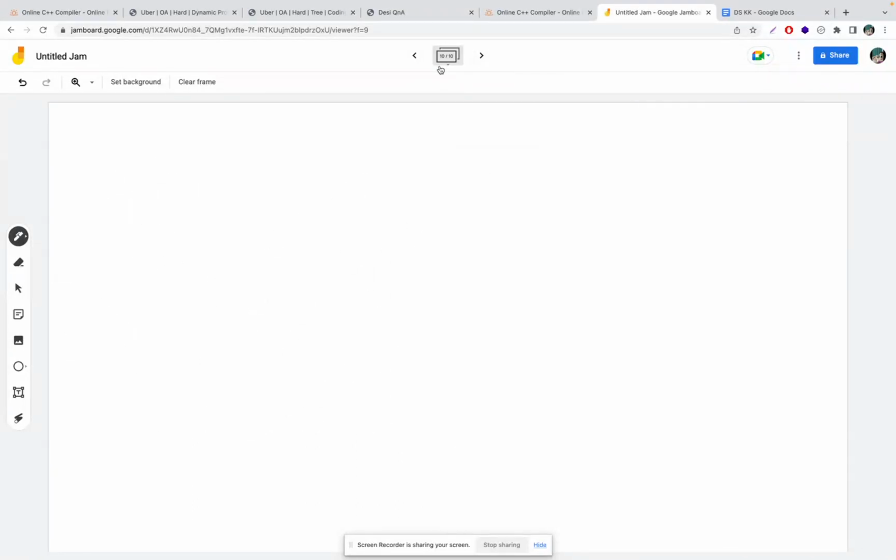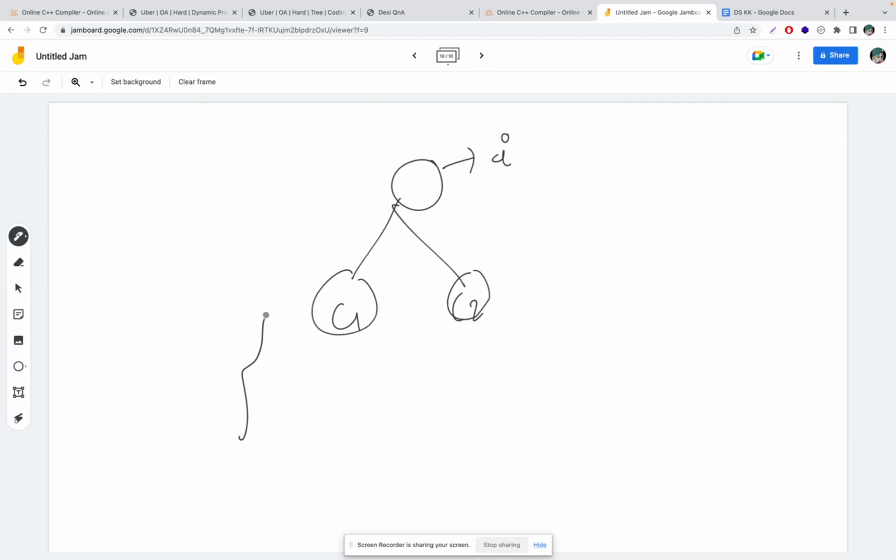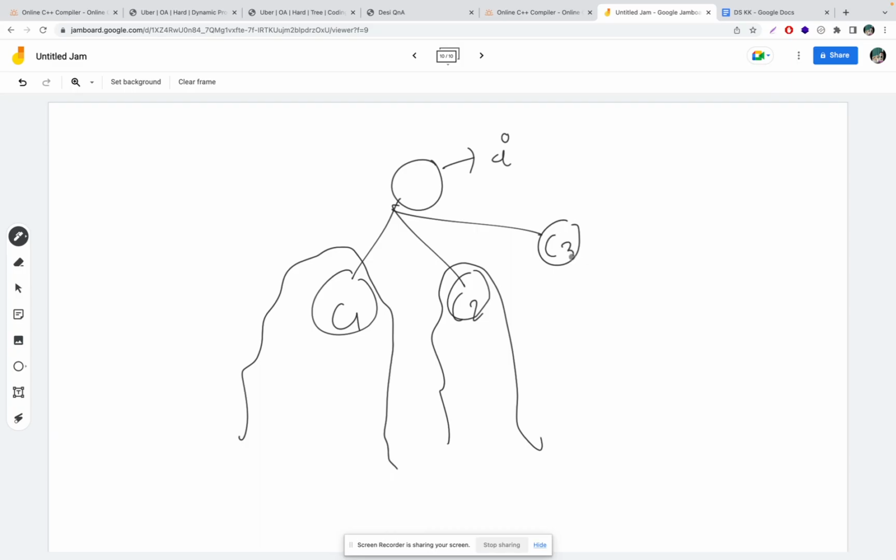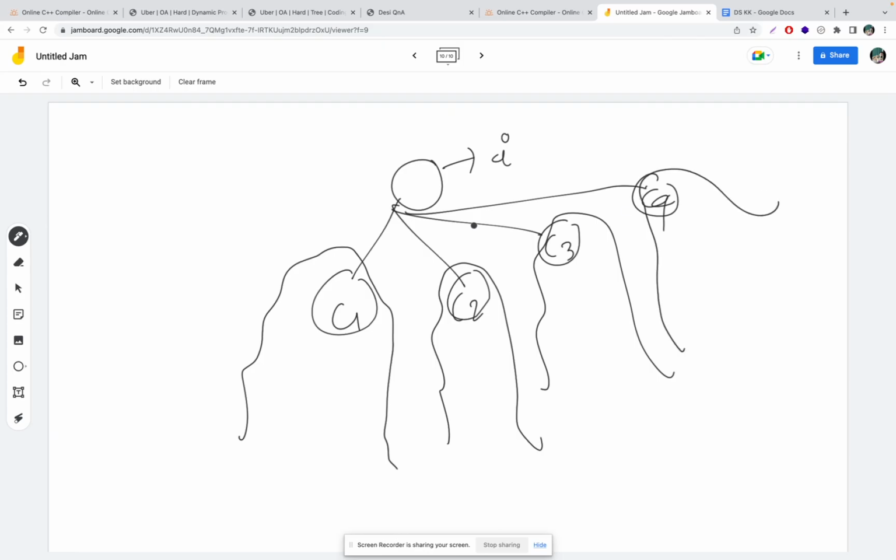So in general, what would be our dp value for node I? This is my node I, and say this is my child 1, child 2. These children have large trees in their bottoms. Then I have child 3, child 4, child 5.